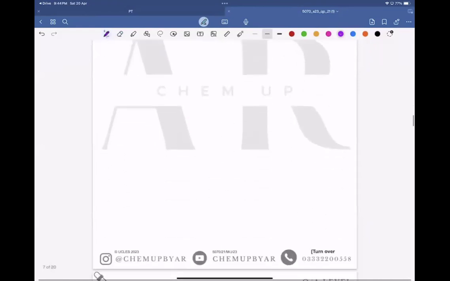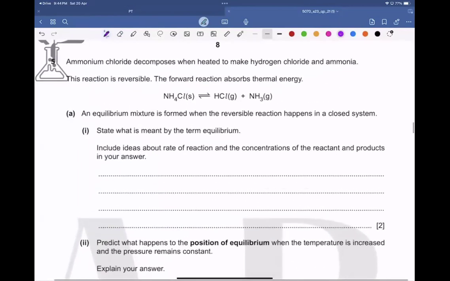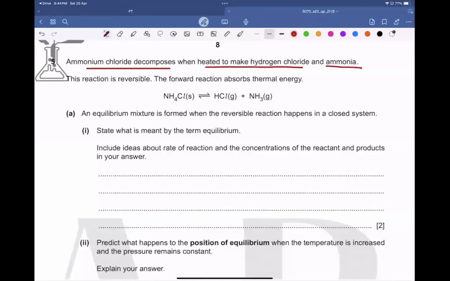Now, question number 5. Ammonium chloride decomposes when heated to make hydrogen chloride and ammonia. Okay. The reaction is reversible. The forward reaction absorbs thermal energy.